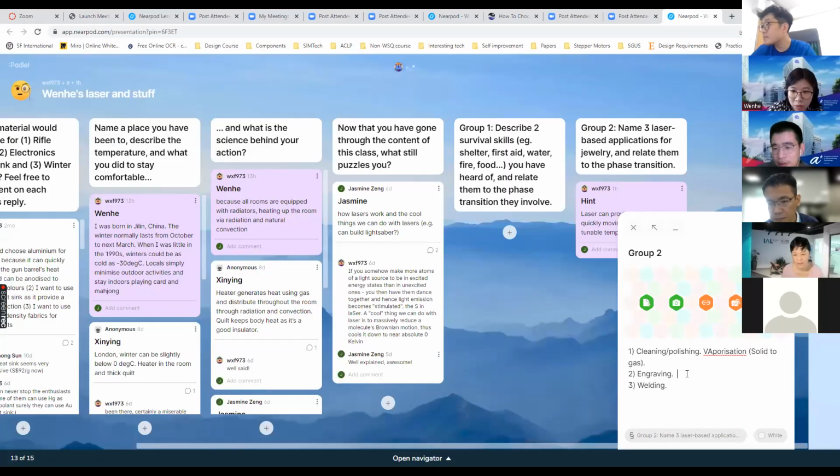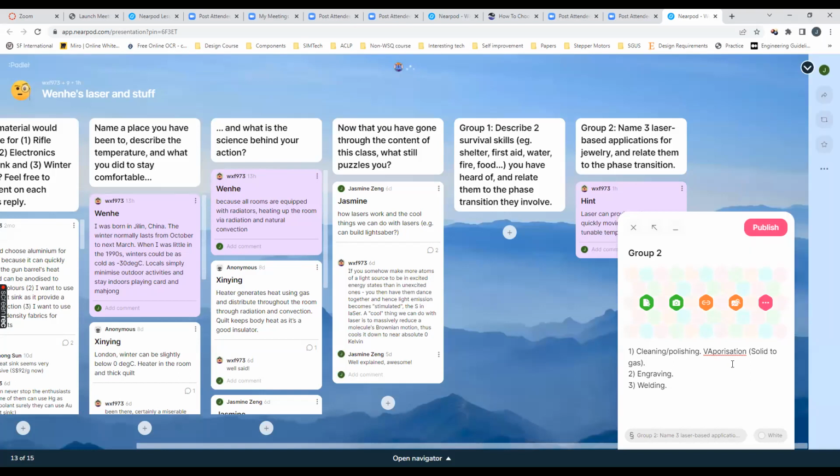I think engraving also. Engraving, I don't know. Is this melting? Melting, then condense again. I don't know. We can ask her.